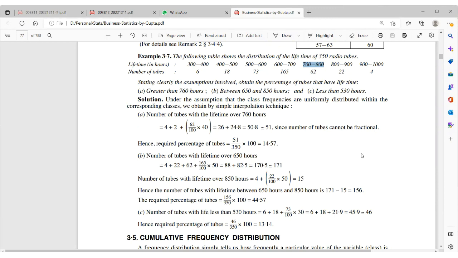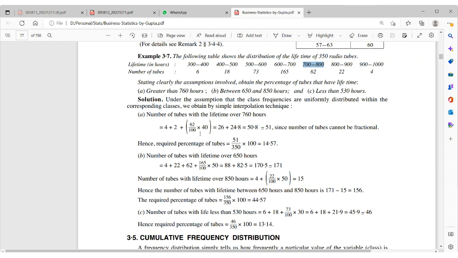Got it? Now, over 760. This is 4 plus 22, this is not 222. 4 plus 22 plus.